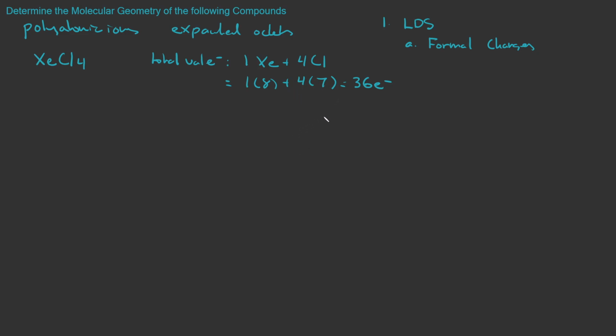Then our job at that point is to be able to predict our structure of XeCl4. So if we draw this real fast, we have Xe. This is our central atom. And our first step for whenever we do formal charges is to assume we have single bonds attached to every single one of our outer elements.